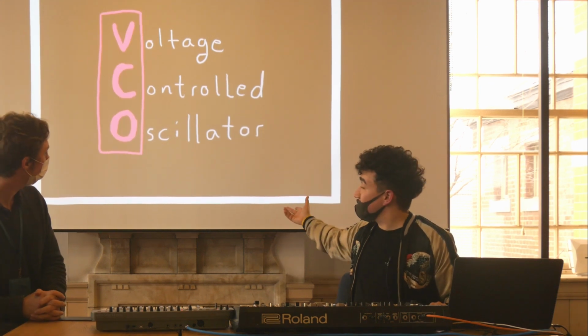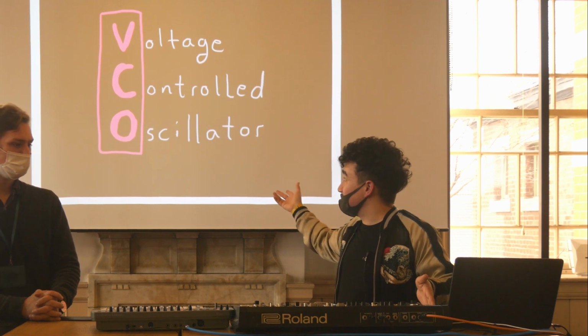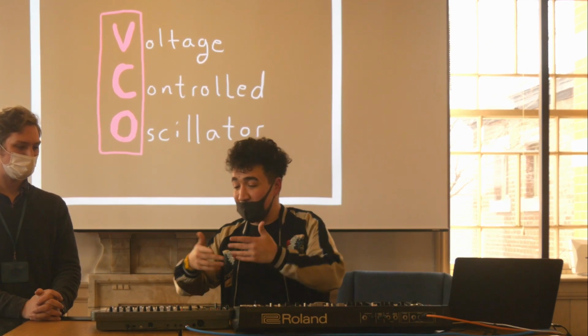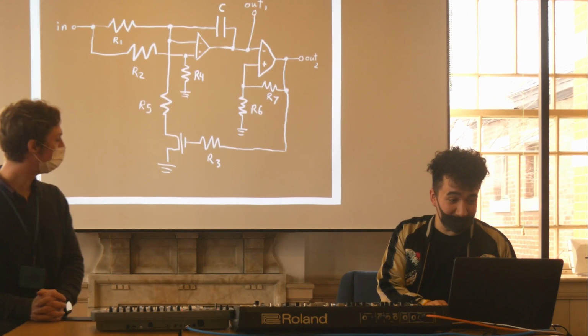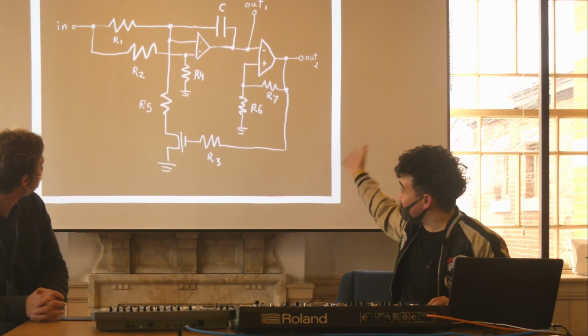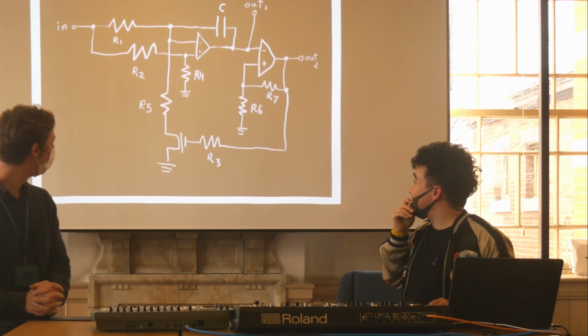These are what create the sounds in any analog synthesizer, but people also sometimes use the term to describe digital synthesizers. This is a rough version of what a VCO would look like in a schematic.